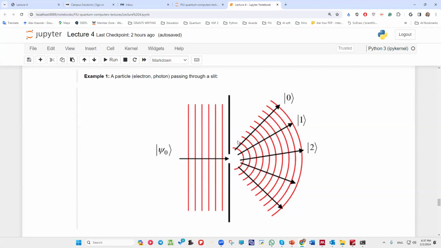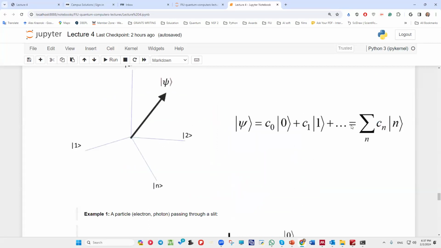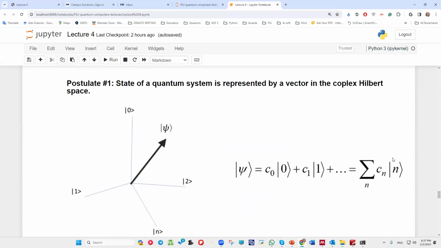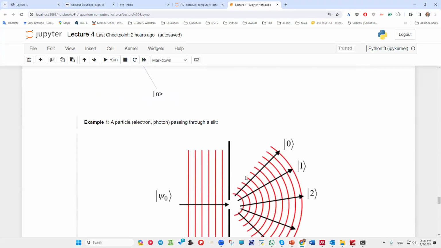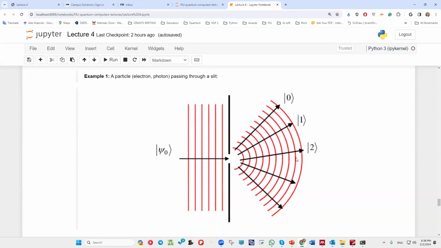After the slit, I have an infinite number of directions in which the electron can go, right? So for the electron, after the slit, this series contains an infinite number of terms, because the number of directions the electron can go is infinite.